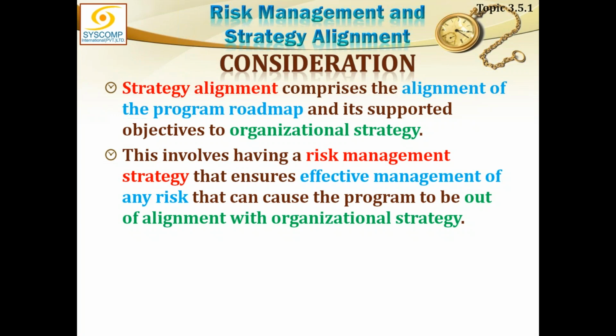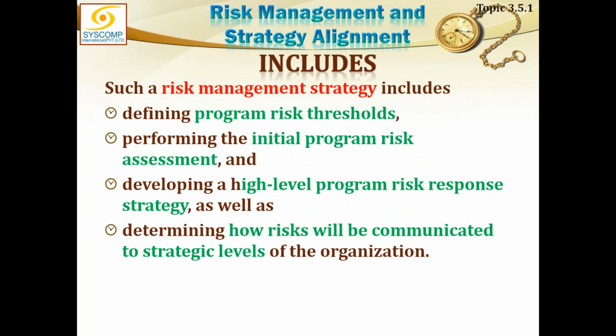This involves having a risk management strategy that ensures effective management of any risk that can cause the program to be out of alignment with organizational strategy. What does this include?